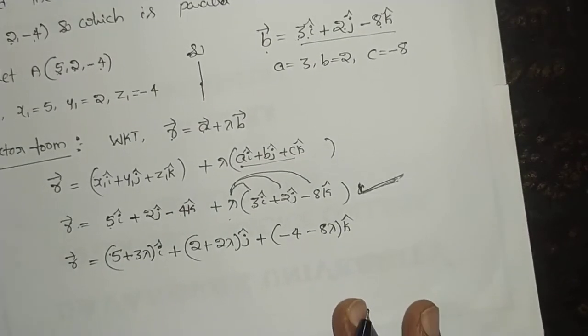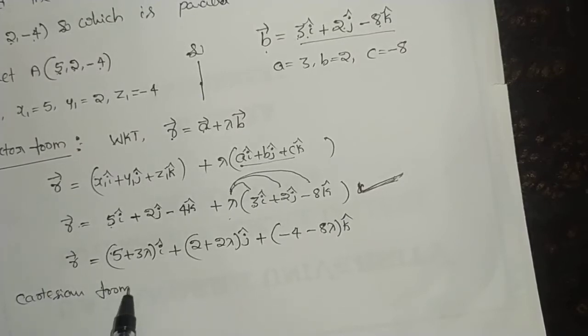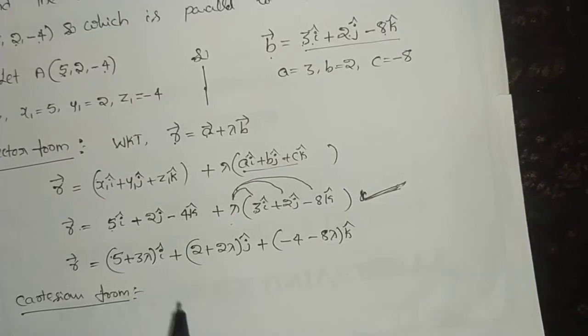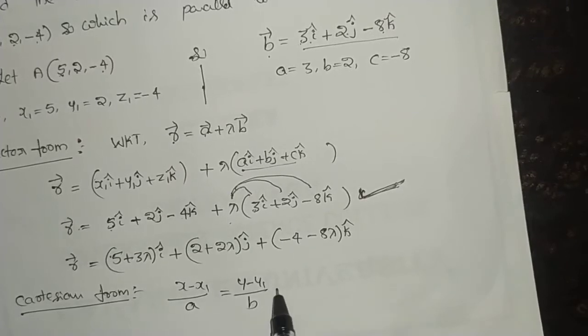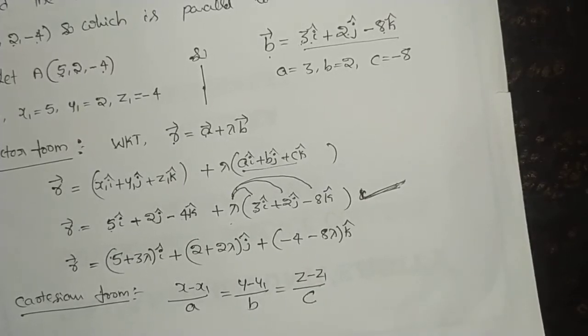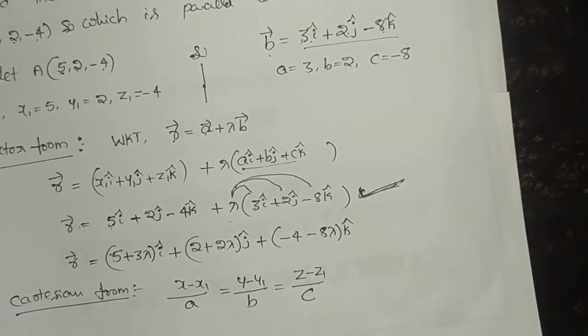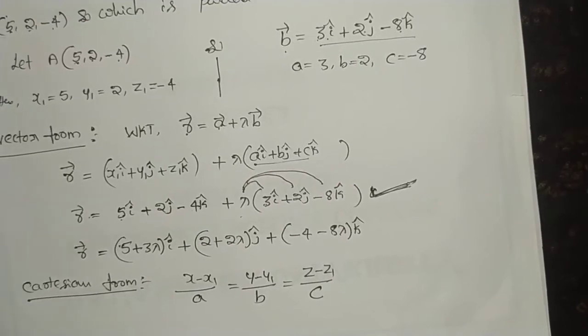Next, what we have to find? Cartesian form. Cartesian form is x minus x1 divided by a, y minus y1 divided by b, z minus z1 divided by c. Now you just replace the values of x1, y1, z1 and a, b, c.